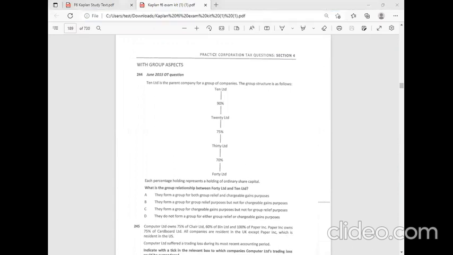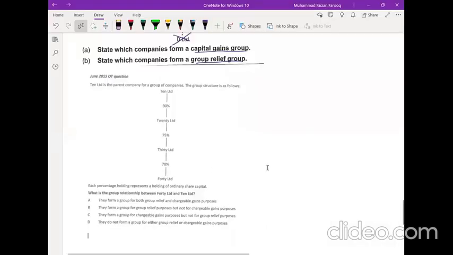Each percentage holding represents a holding of the ordinary share capital. Which group relation exists between 40 Limited and 10 Limited?